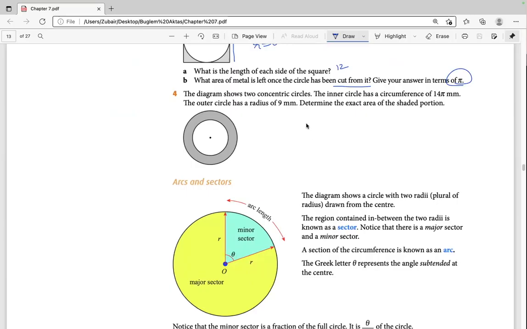Question 4 says, the diagram shows two concentric circles. Concentric means having common center. The inner circle has circumference of 14 pi. The outer circle has a radius of 9 millimeters.